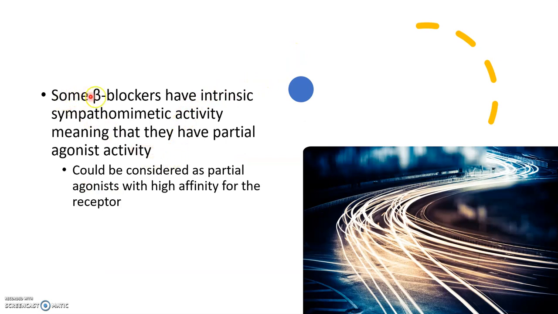Some beta blockers have intrinsic sympathomimetic activity, meaning that they can exert partial agonist effects. So they can be considered partial agonists with high affinity for the receptors.